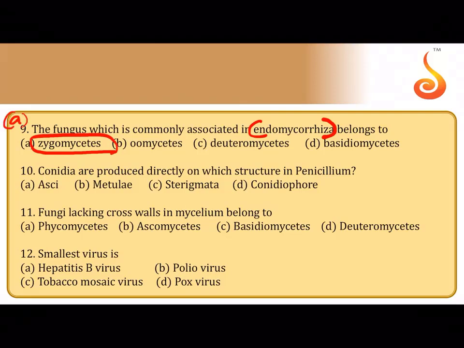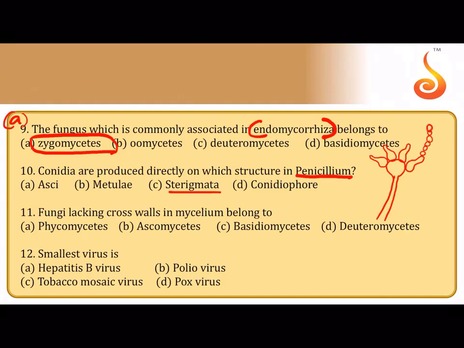Conidia are produced directly on a structure in Penicillium. In Penicillium, there are flask-like structures. For example, if this is the conidiophore and erect hypha, there is a swollen end like this, and on this swollen region you find such flask-like structures arranged, from which you get chains and chains of cells which are referred to as the conidia.